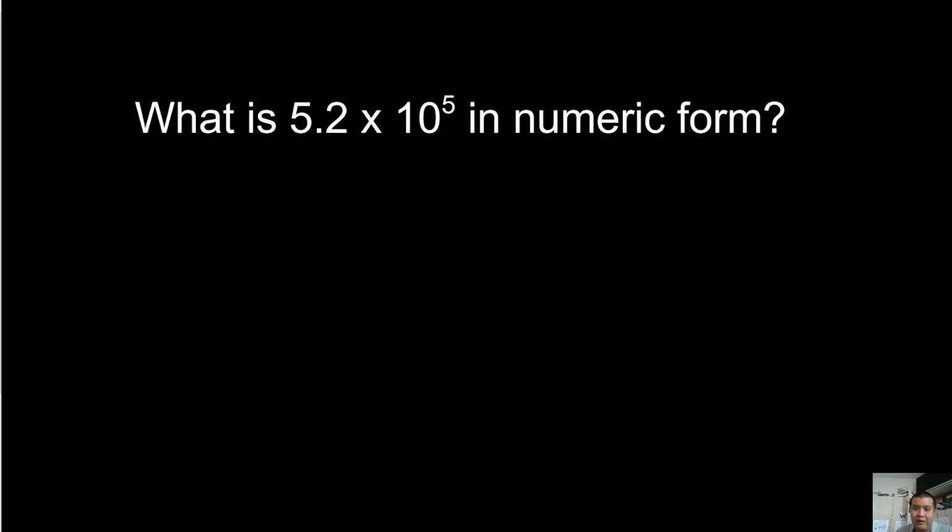So we are asked what is 5.2, or 5 and 2 tenths, times 10 to the 5th power. So what this is, 10 to the 5th power, excuse me, is 100,000, right? Because we have 5 zeros, so it's 5.2 times 100,000. Which means that because there are 5 zeros, just like this exponent tells us, we're going to move the decimal over 5 times.